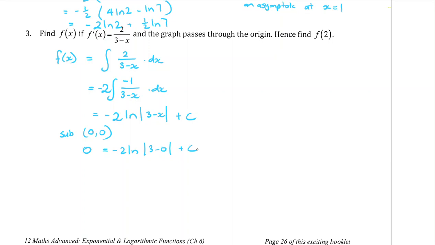So 3 minus 0 is just 3. Absolute value of 3 is still 3. Plus c. So moving the log part across the other side, we would get c is equal to 2 ln of 3. Which means that I'll do it over here. I've moved that term across to the side.